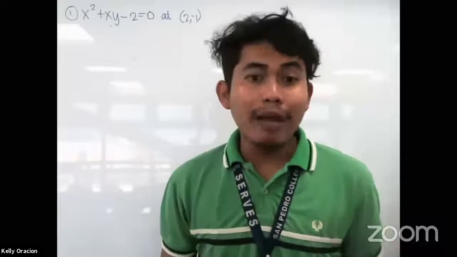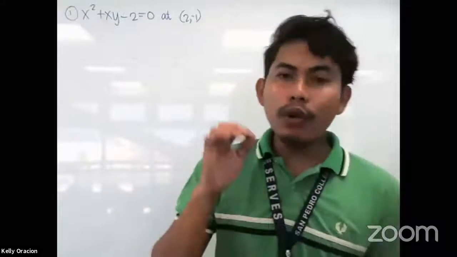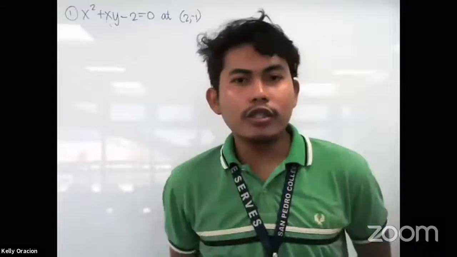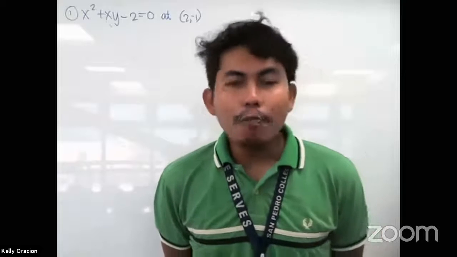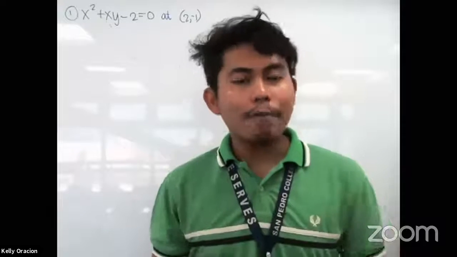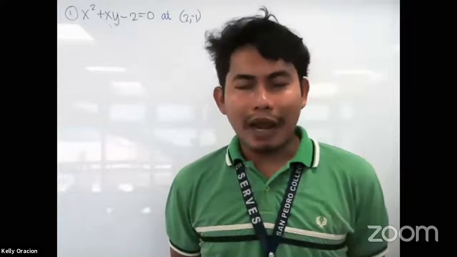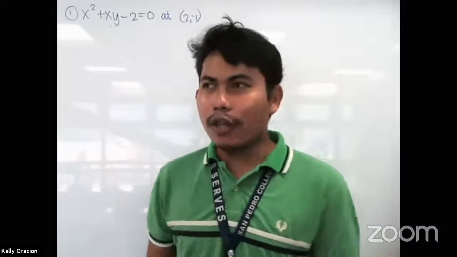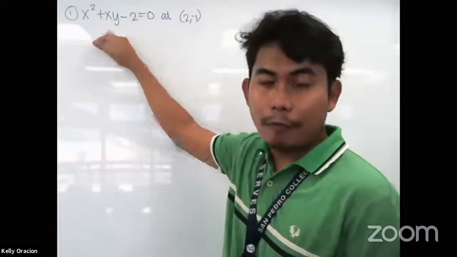Before we find those two equations, we need to find the y prime first. We are going to get the derivative of this one. Hahanapin muna natin yung derivative nito.